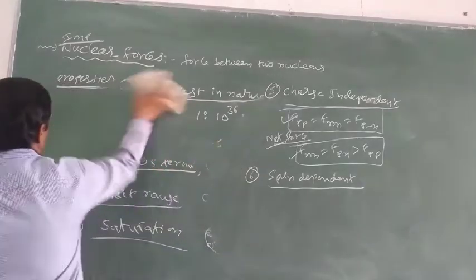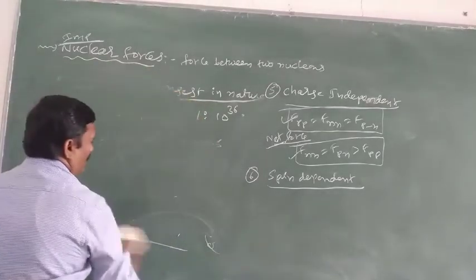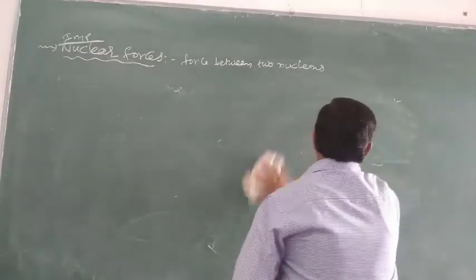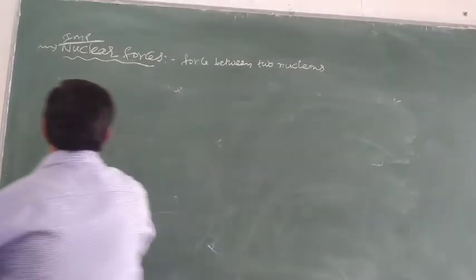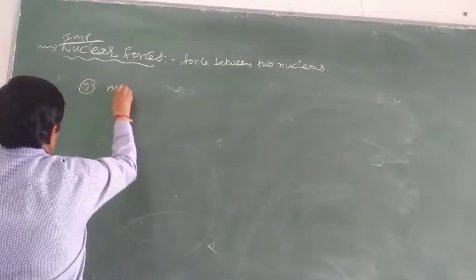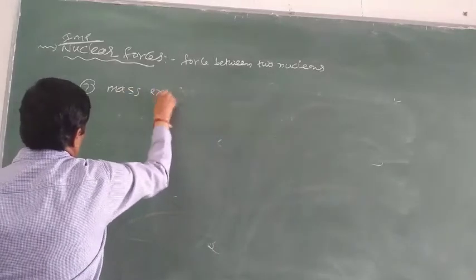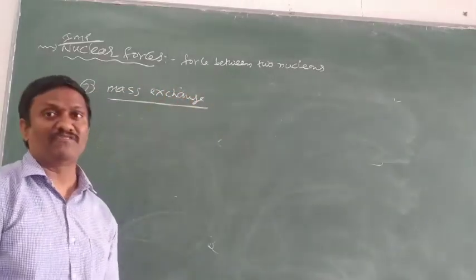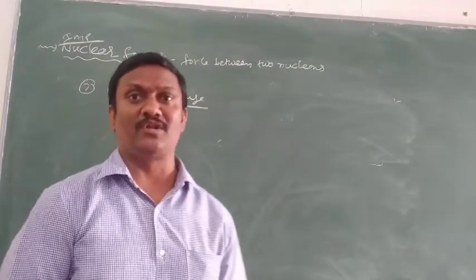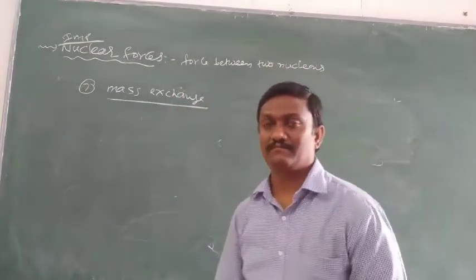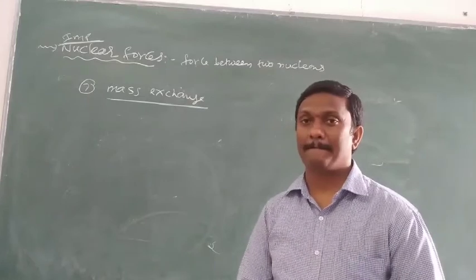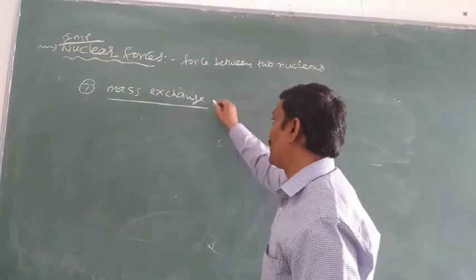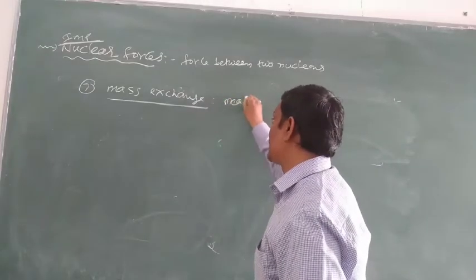And one more last important property of nuclear force: nuclear force is also called a meson exchange force. During nuclear force between one nucleon and another nucleon, they exchange some particles. The exchanged particles during nuclear force are called mesons.